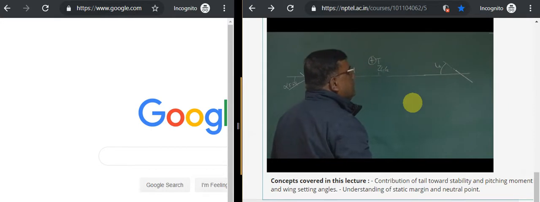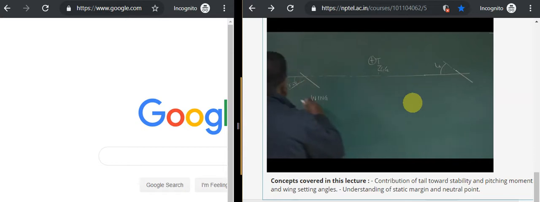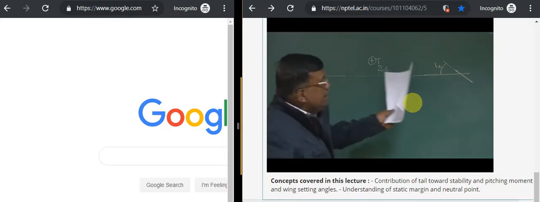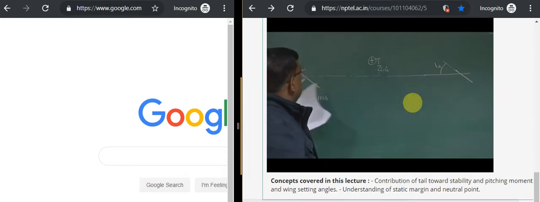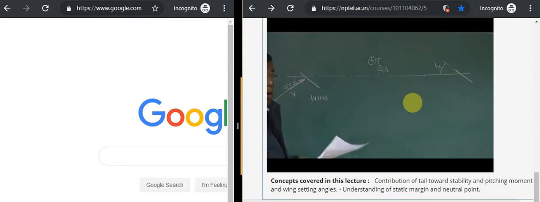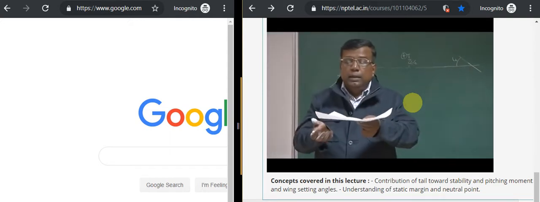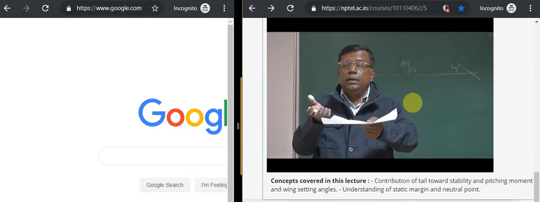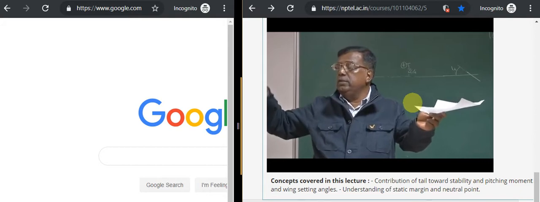Please understand one thing. If this is the V direction, the free stream velocity direction, when the tail sees this dynamic pressure, the velocity vector is no more the same as the free stream velocity vector. You know very well, as there is a lift on the wing, there is a higher pressure and a lower pressure, and there are vortices, and the vortices travel like this and induce a downwash at the tail.